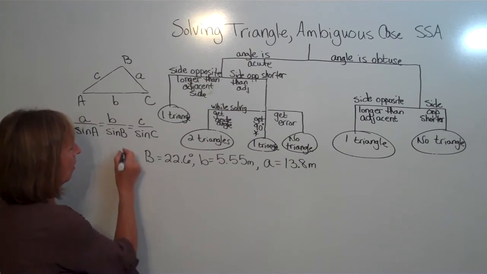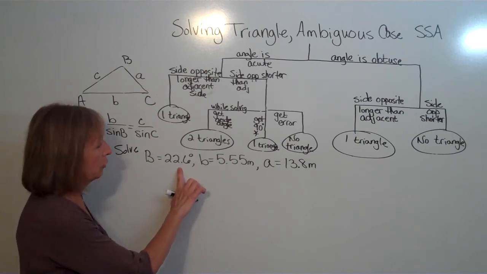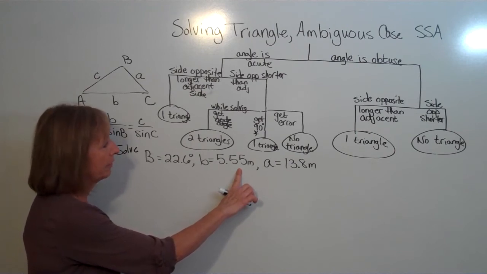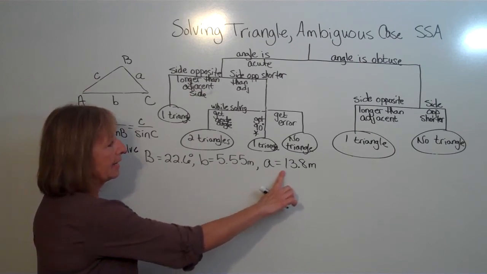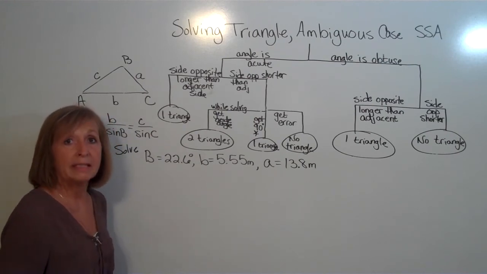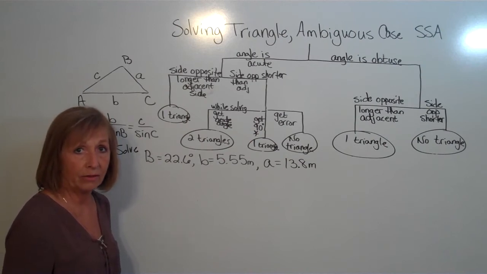Problem where we want to solve the triangle where they're giving me that angle B is 22.6 degrees, side B is 5.55 meters, and side A is 13.8 meters. So to solve the triangle means that I need to find all of the lengths of the sides and all of the measures of the angles.